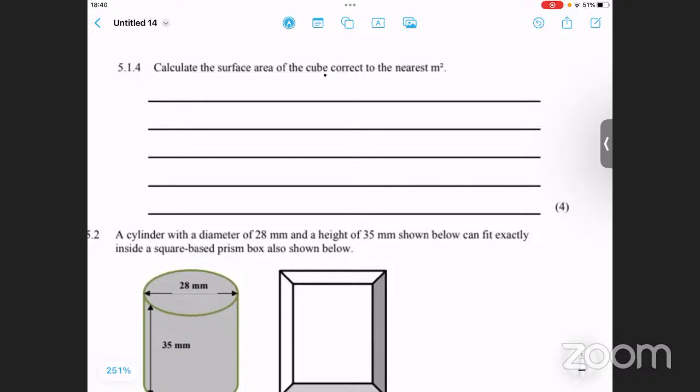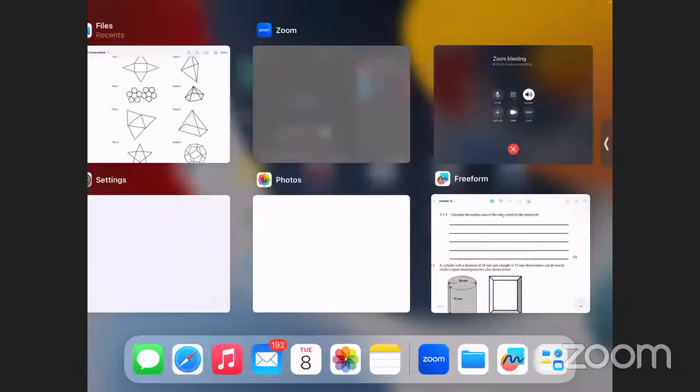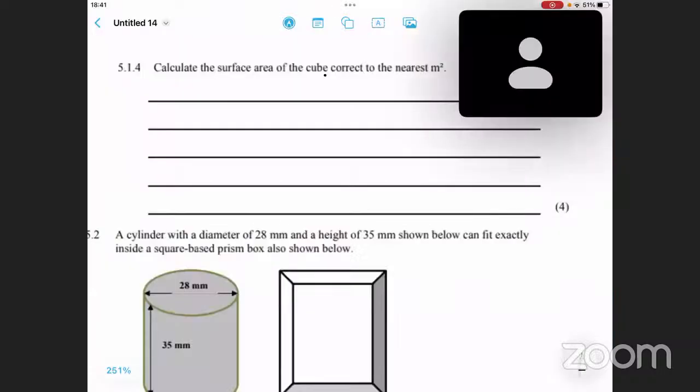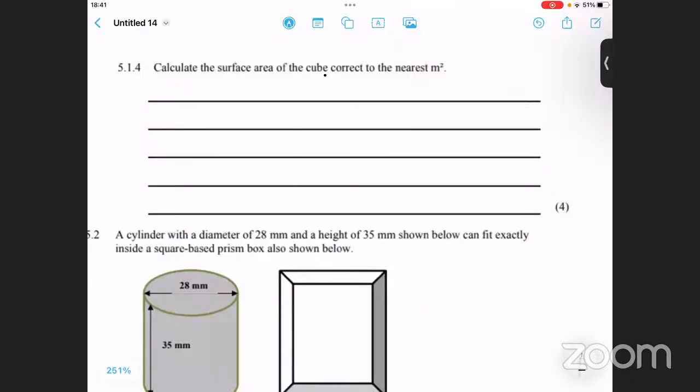Jackie, how are we going to calculate this one? Ma'am, I'm not sure. Okay, Zira, how do we calculate the surface area of the cube? The length of the cube is 7 centimeters.